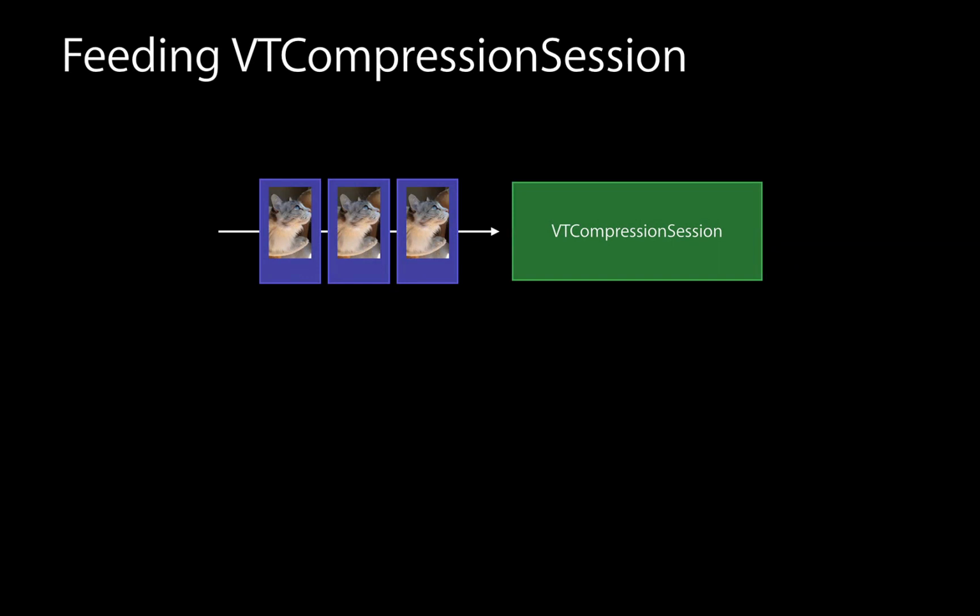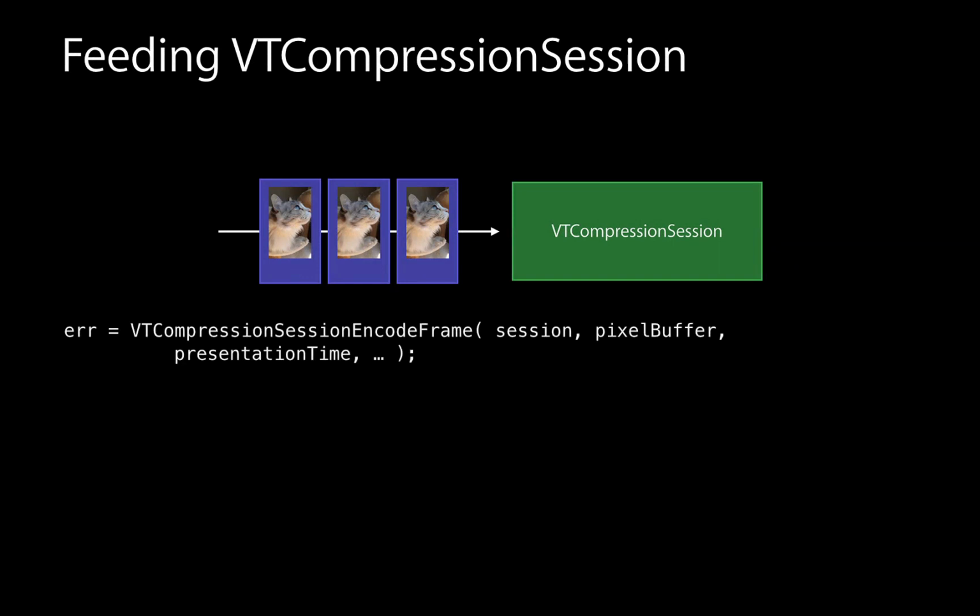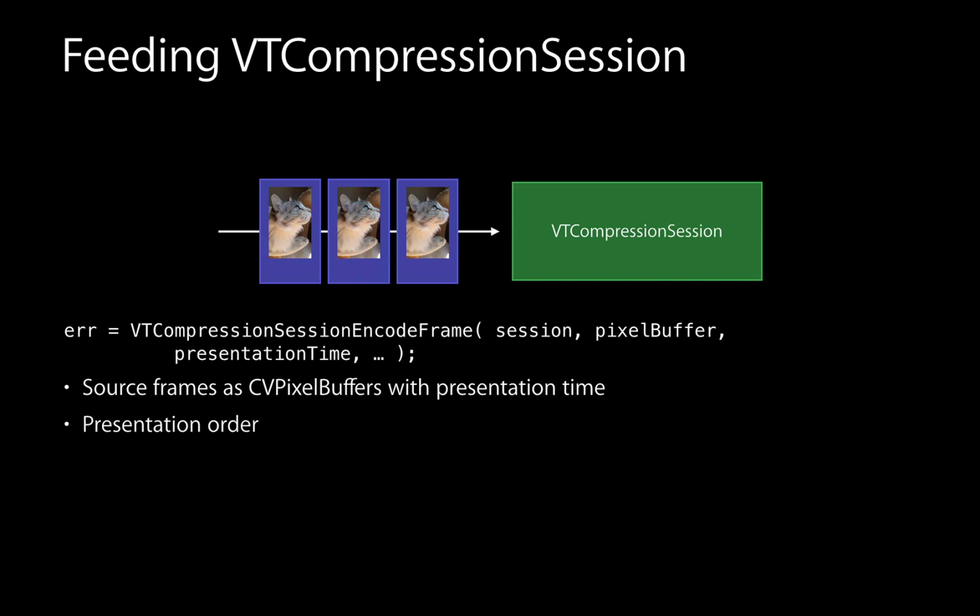All right, let's talk about providing CV pixel buffers to your VT compression session. Use VTCompressionSessionEncodeFrame to do this. And you'll need to provide CV pixel buffers. And as I've mentioned, CV pixel buffers don't have a presentation timestamp built into them. So as a separate parameter, you'll provide the presentation timestamp. You need to feed the frames in presentation order.